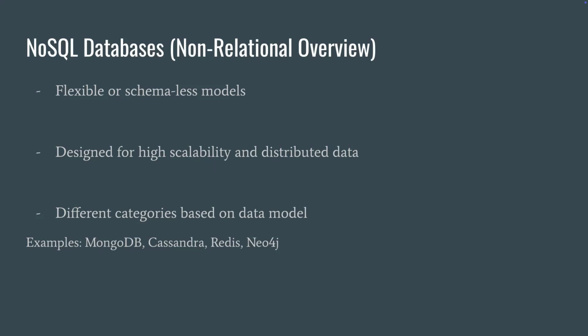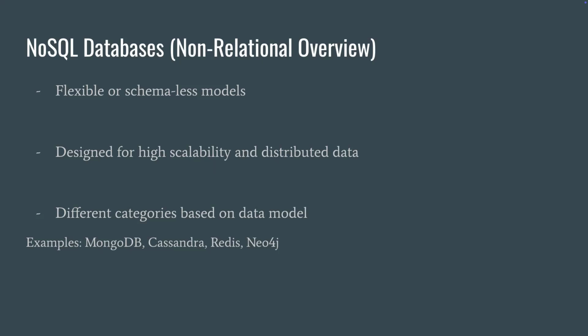Unlike relational databases, NoSQL databases do not stick to a fixed schema. This makes them ideal for handling unstructured or semi-structured data. Some examples of unstructured and semi-structured data are logs, social media content, or sensor data.